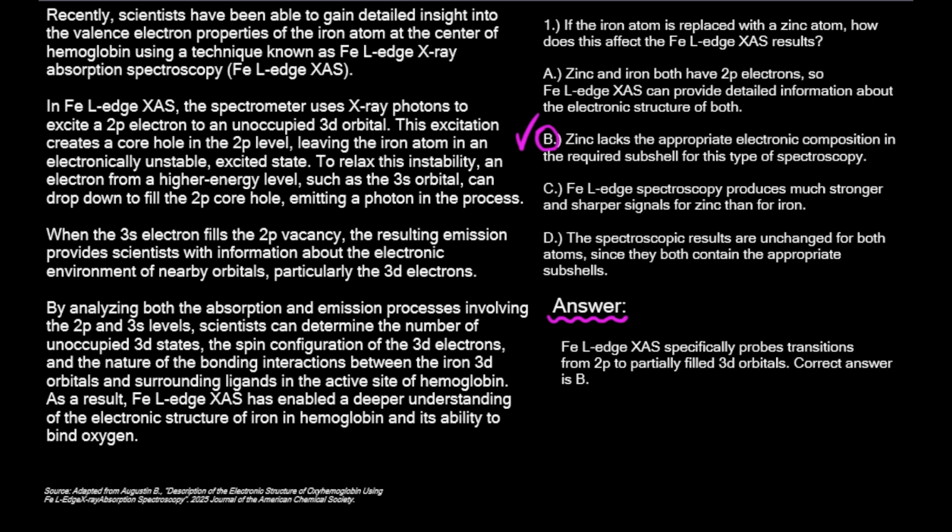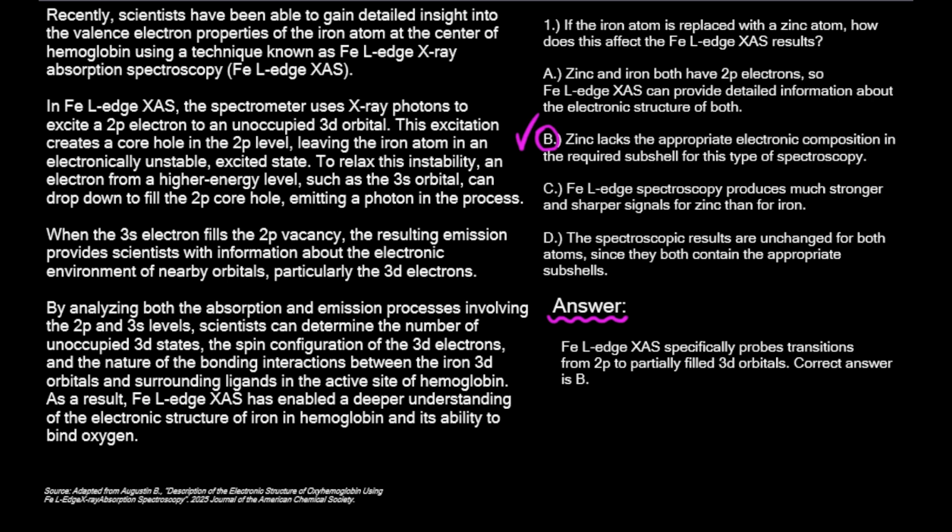Let's see why the answer choice is B. This type of spectroscopy works by exciting a 2p electron into partially filled 3d orbitals. Iron has partially filled 3d states, which makes this technique very informative for studying its electronic structure.